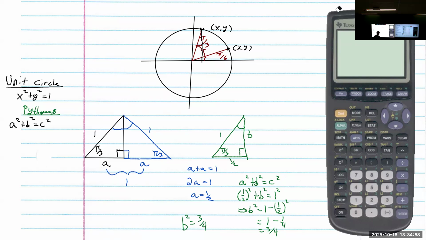So what's b? If we take the square root of b, we know it's in quadrant 1, so it has to be positive. B has to be square root of 3 over 2. So I think that's the location of pi over 3.